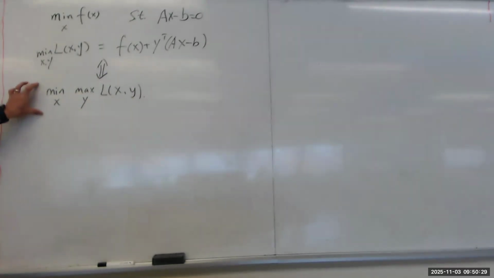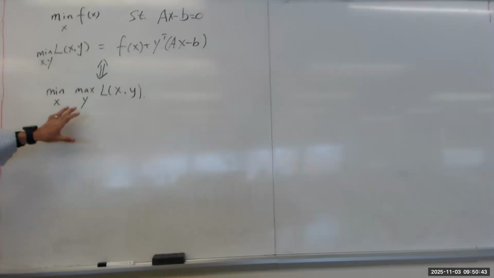What this minimax problem means is that in the problem above, we maximize over x and y simultaneously, at the same time. In the problem below, it is a two-step optimization.